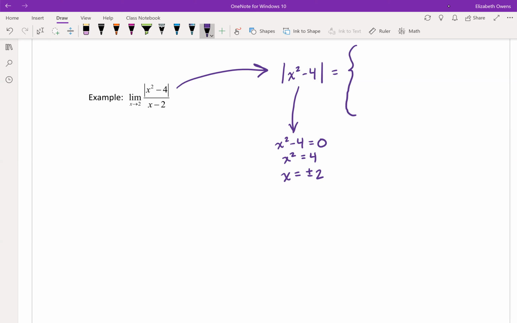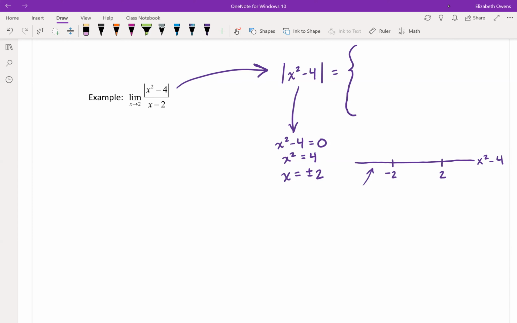Now, let's think about what the expression x squared minus 4 is doing along the number line. We're going to split it up with x equals -2 and x equals +2. Then we'll test in these different chunks of the number line what's going on with this expression.